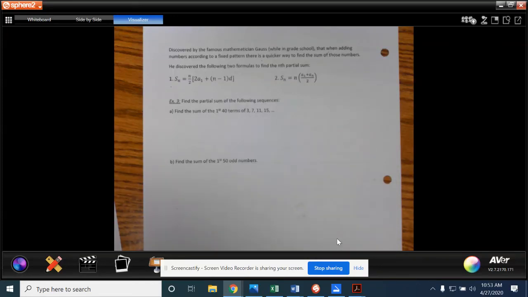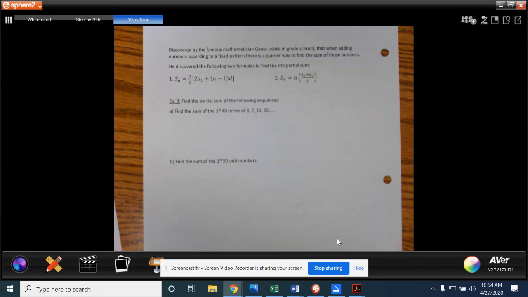All right, let's continue on with the arithmetic sequences and what is called the partial sum. Remember that famous mathematician Gauss, and you learned about Gauss in chapter 6 prior to this.